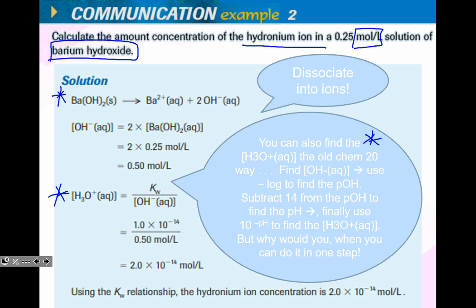First thing you're going to do, you're going to take a look at the barium hydroxide, and you're going to dissociate. There's one barium, it's going to dissociate into one barium ion with a +2 charge. Take a look over here, we have a subscript of 2 for the hydroxide ion, and that becomes a coefficient. So it's a 1 to 1 to 2 ratio, right?